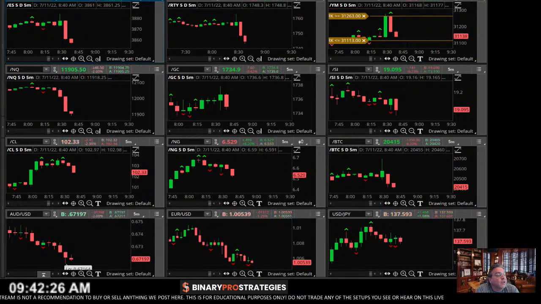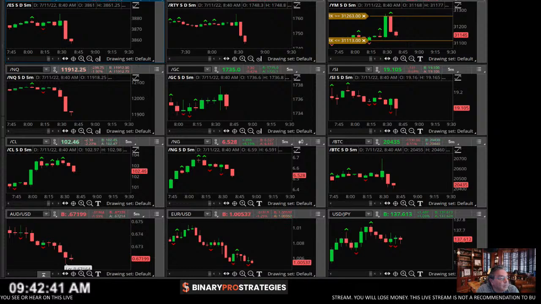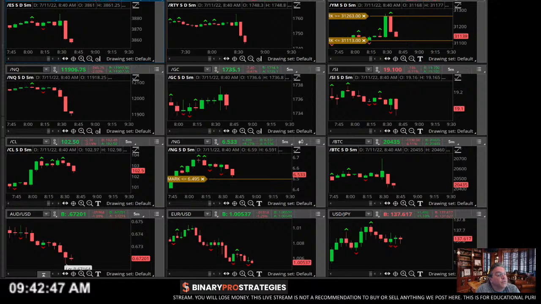This is going to be just a regular pairing pattern short. Target, 64.95. We need a reverse on the gas if we don't hit target, 66.45.